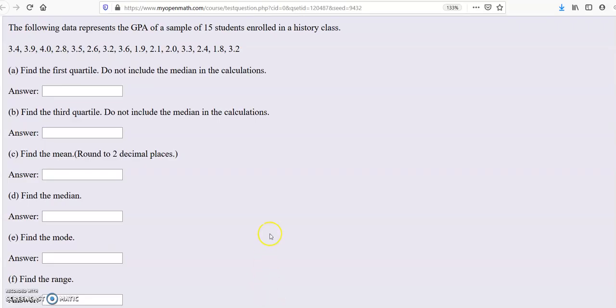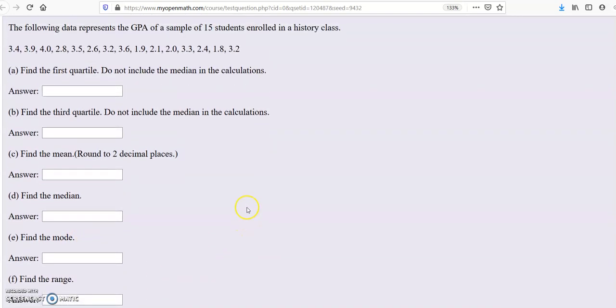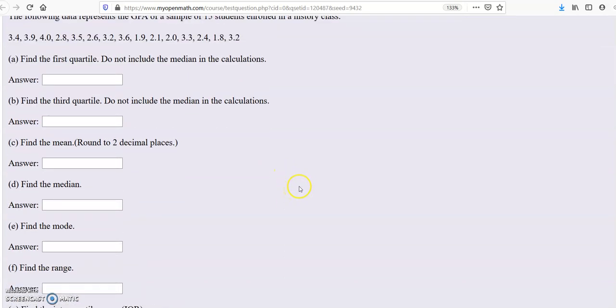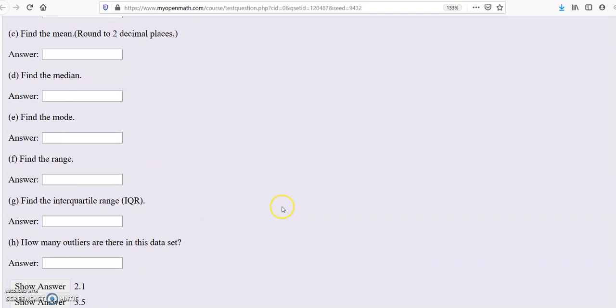And the mode is simply the number that appears the most, and it looks like 3.2 appears the most. There's one of them, there's 2 of them. It's the only one that appears more than once, so the mode is 3.2. The range is simply the highest minus the lowest, so find the highest and the lowest and subtract one from the other.